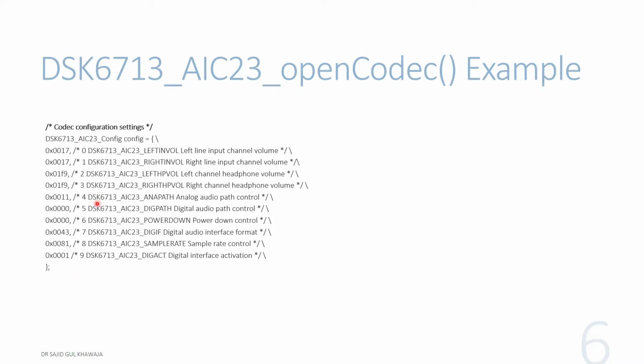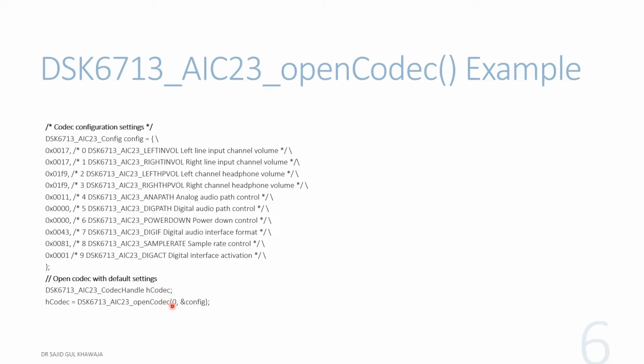Once we have defined the config values, the next step is going to be opening the codec with regard to these config values. This can be managed by first defining the codec handler by the use of the codec handle command. Codec handle space hcodec. Again, this can be a user defined name. Once we are done with the definition, we simply need to open the codec. Now, opening codec was easy.